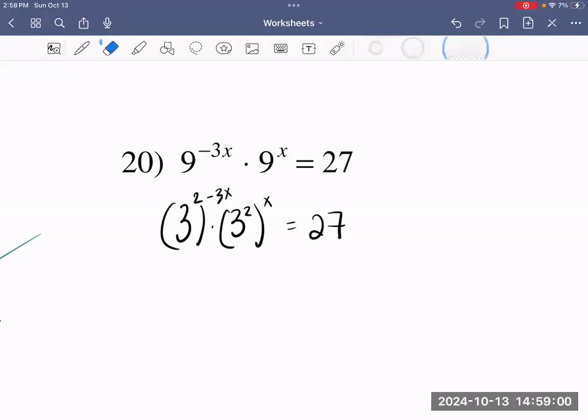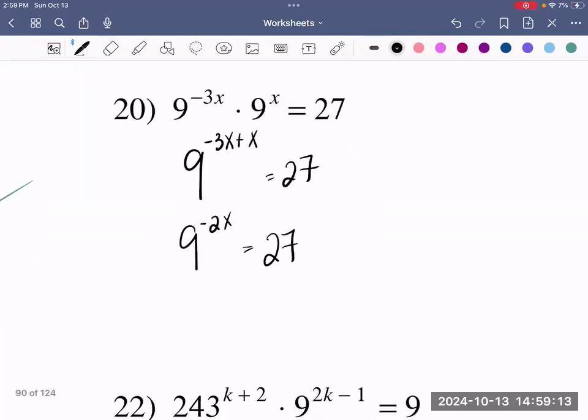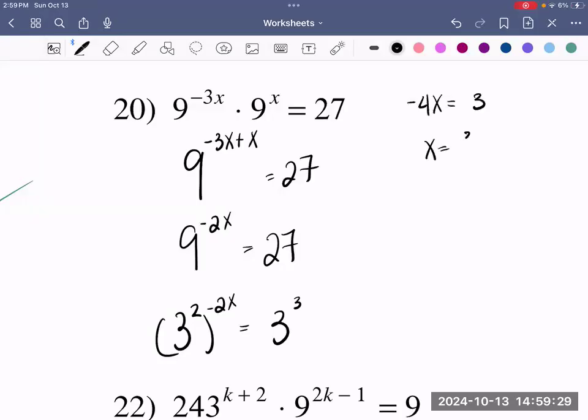If I were to backtrack to make my life a little bit easier, I could say this is 9 to the negative 3x plus x is equal to 27. 9 to the negative 2x is equal to 27. Now we can go ahead and change your bases. 3 squared to the negative 2x, 3 cubed. So we now have negative 4x is equal to 3, x is equal to 3 over 4, and again a negative.